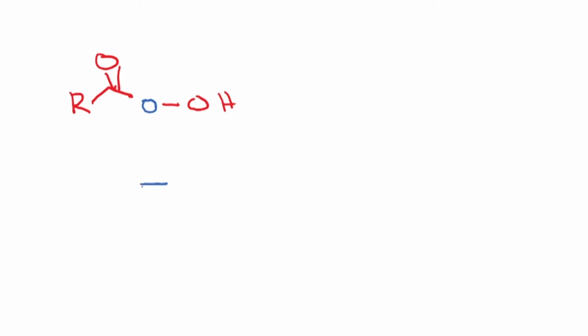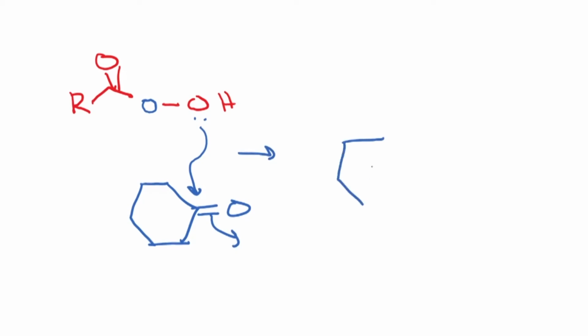When it reacts with a ketone, you have the attack of this and the formation of the tetrahedral intermediate. And here is the tetrahedral intermediate that we are looking at.